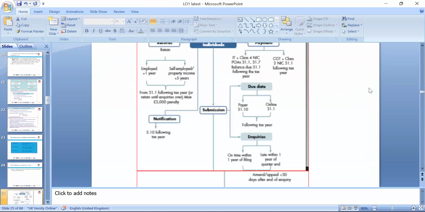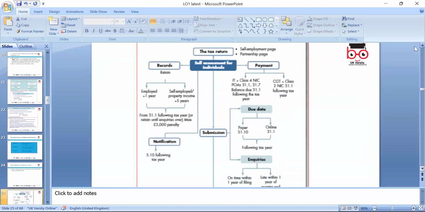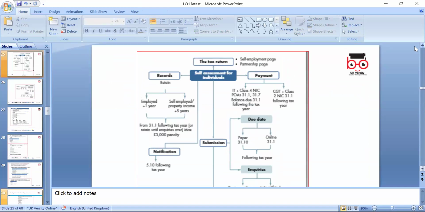Okay. As we mentioned earlier, next we are looking at when we do the tax returns, the records and the payments. We look at employed income in a year, self-employed, property income, and various other incomes. So we need to make sure we include all the national insurance due dates, and everything we need to keep in mind.